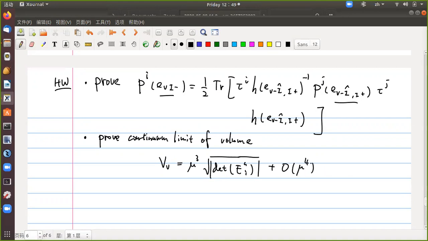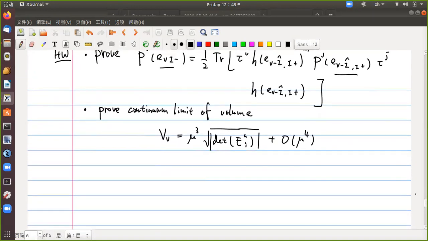And well, all these proofs can be done in Mathematica. You can design your Mathematica code to do this computation, or it is also not hard at all to compute by hand. And to prove that, it is very easy because you can use this hint, because you can first study the continuum limit of the flux.